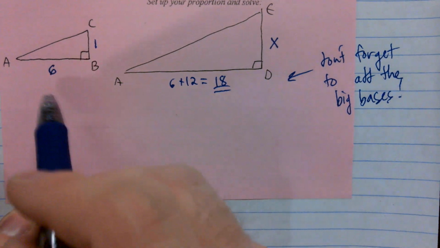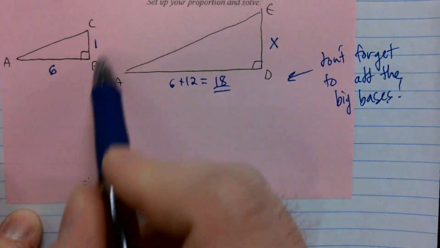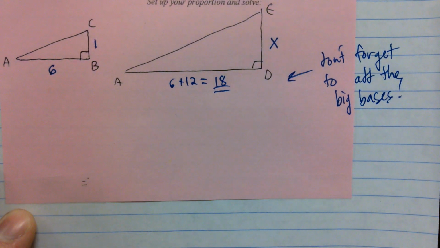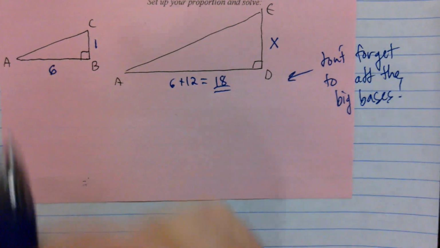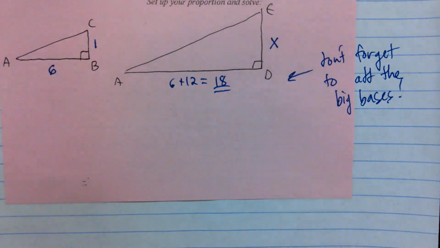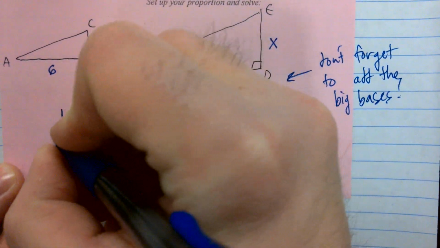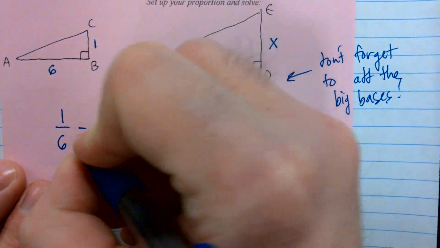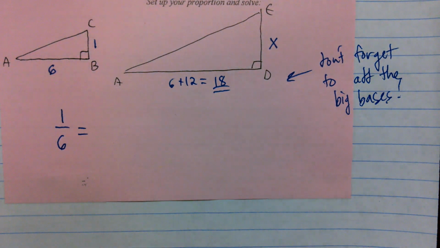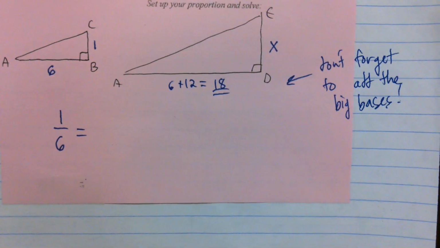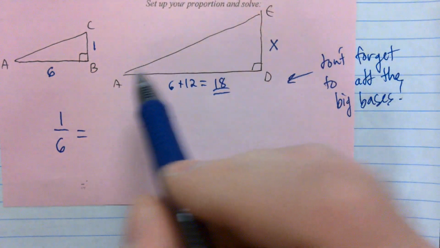So we'll set up our two fractions. What's the fraction that I could write for triangle ABC? 1/6? Sure, let's do that. 1/6 equals, what's the matching fraction I could write for triangle ADE?